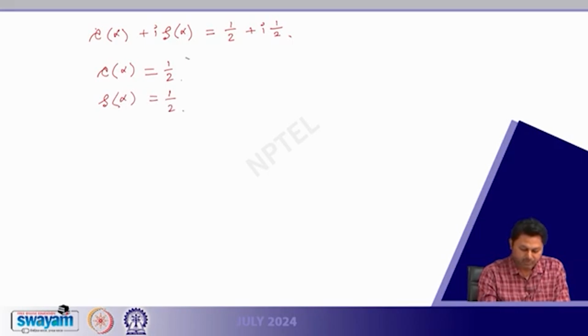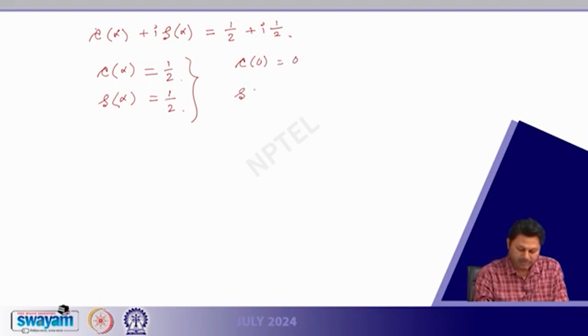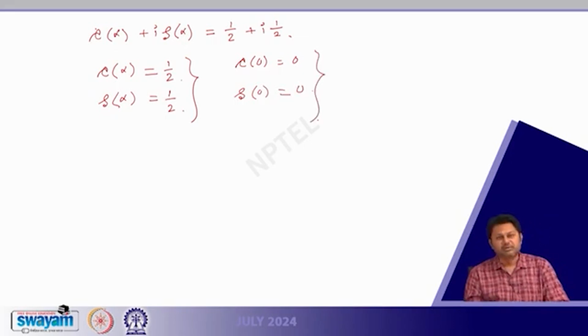That is one set. Also, C of 0 will be 0 and S of 0 will also be 0. So this identity we showed in today's class.